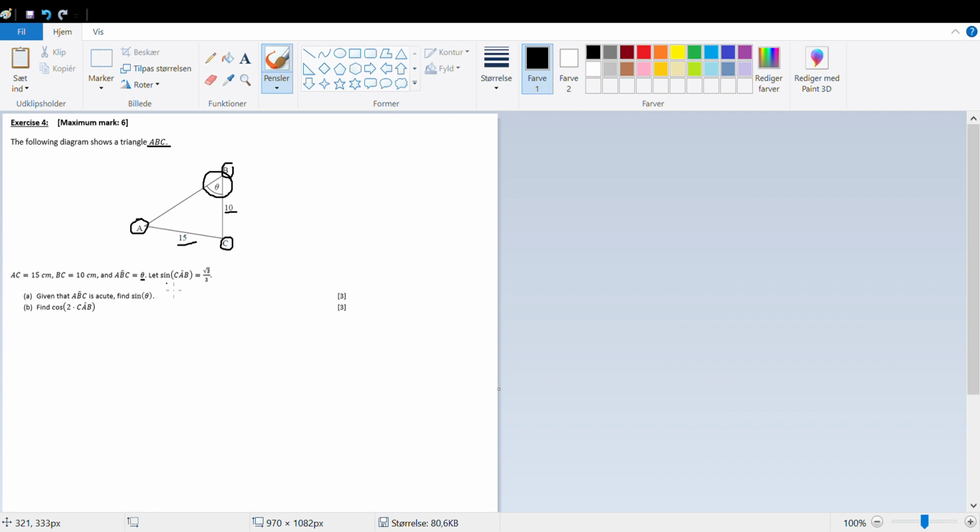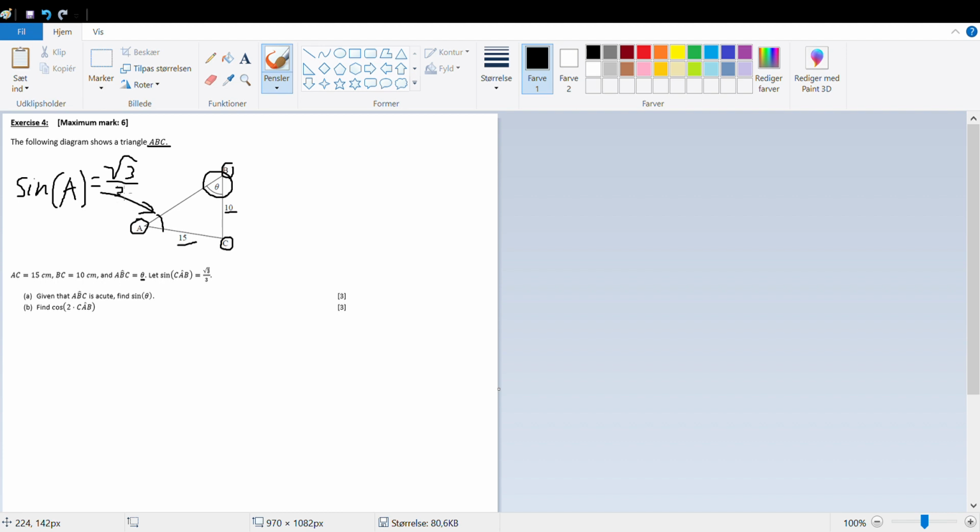Then it tells us that sine of CAB, as in not this angle, but sine of this angle. Once you take sine of this angle, I'm just going to call it A for simplicity, once you take sine of A, your result will be square root 3 divided by 3.